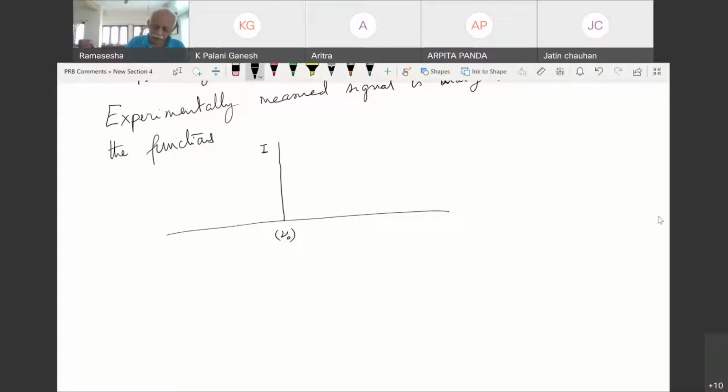So the signal is some f of x which corresponds to f of u.